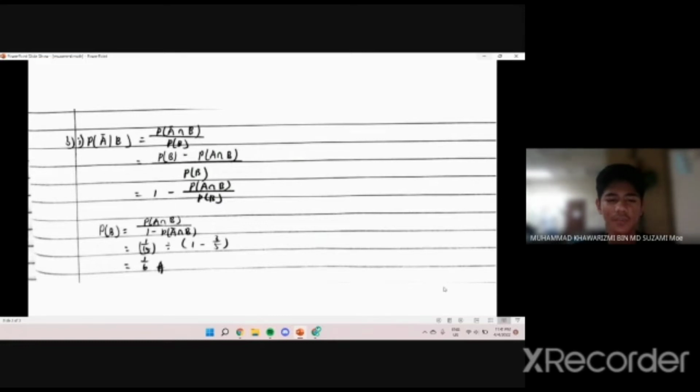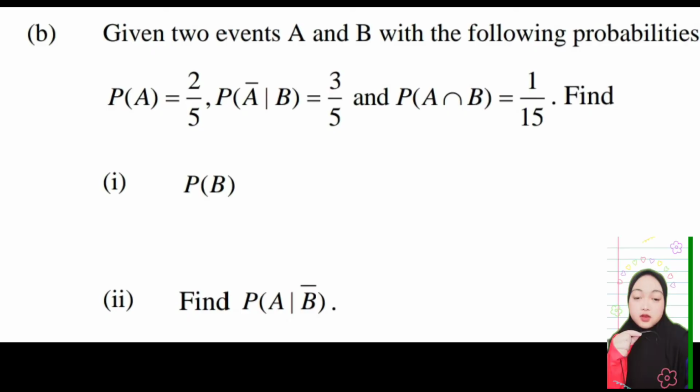So 1 minus probability A intersect with B over probability B. When we get the formula, then we just need to substitute the value 1/15 divided by bracket 1 minus 3/5. So we will get the answer 1/6.